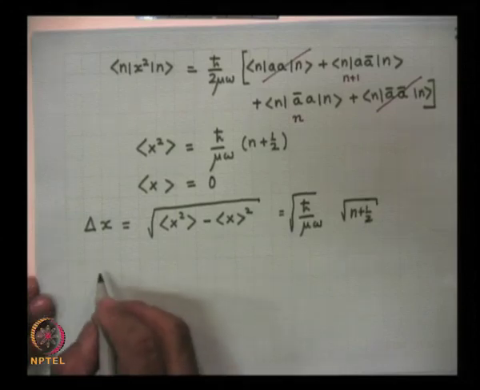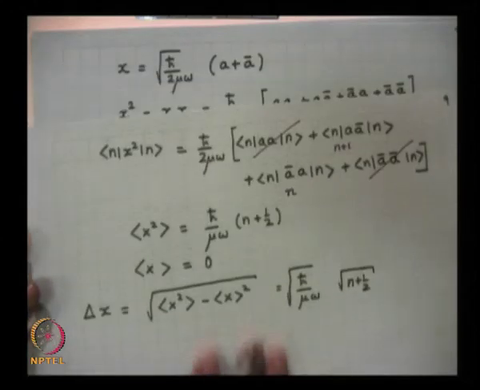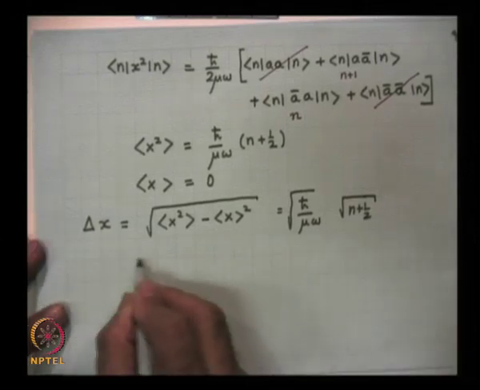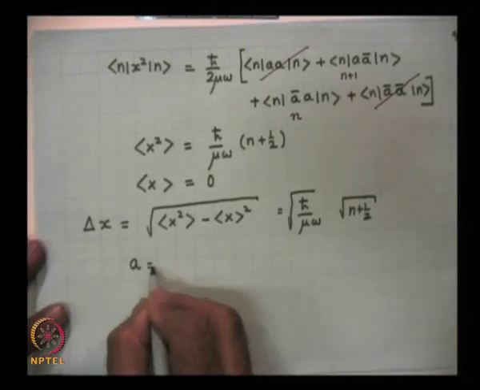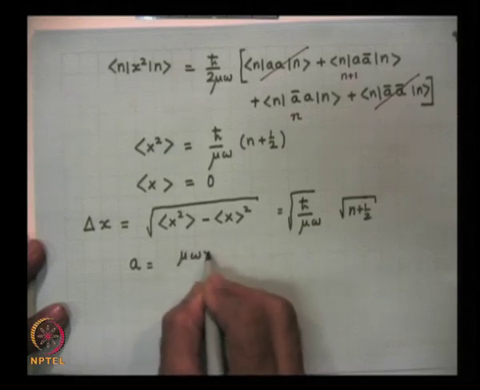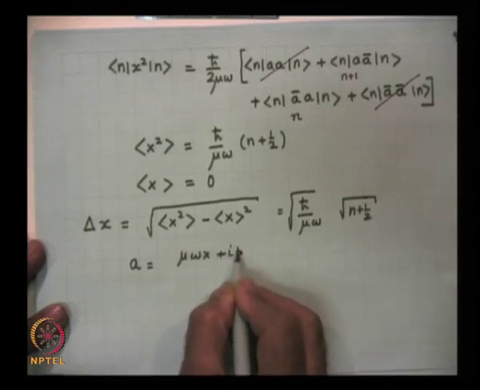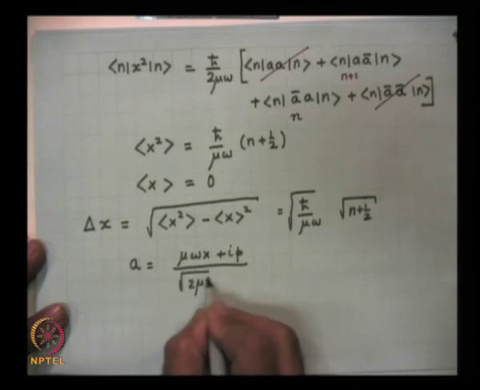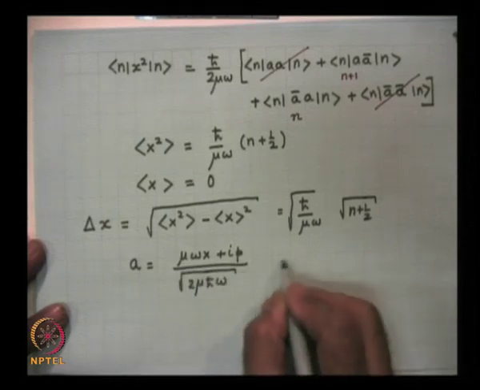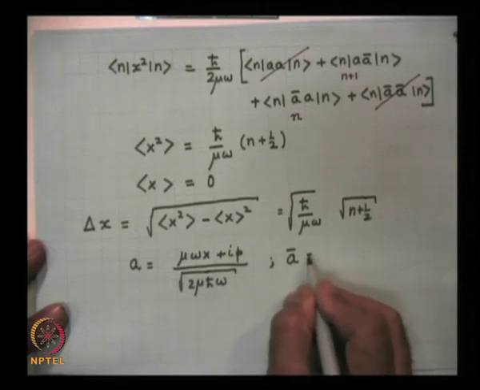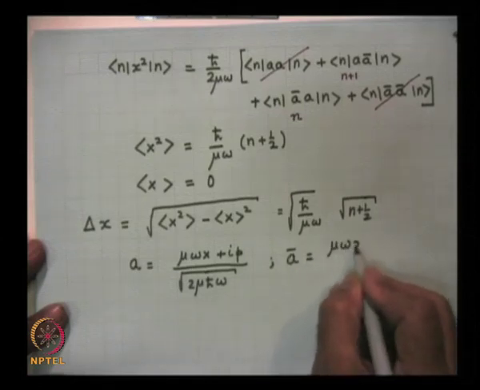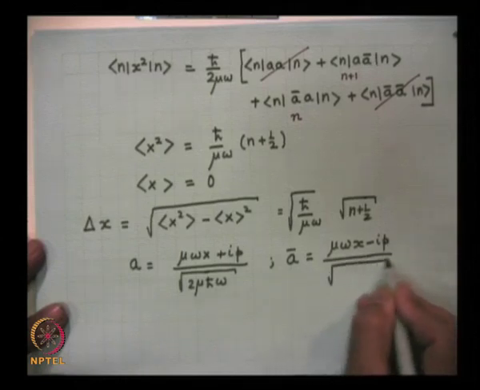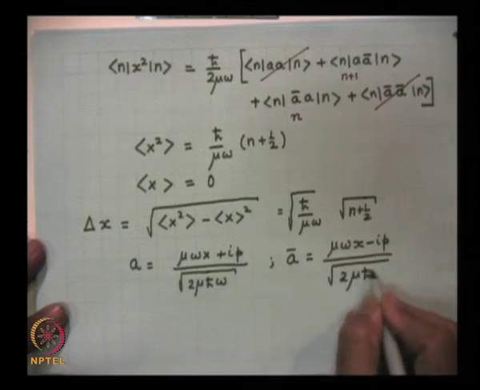Similarly, we wrote down the two operators, A, which was equal to mu omega x plus i p divided by the square root of 2 mu h cross omega, and A bar is equal to mu omega x minus i p by the square root of 2 mu h cross omega.